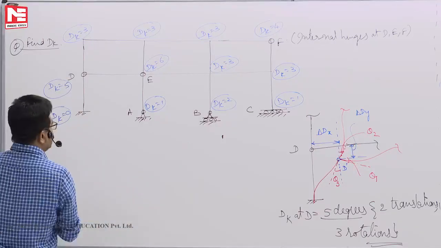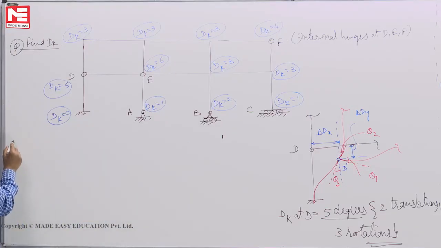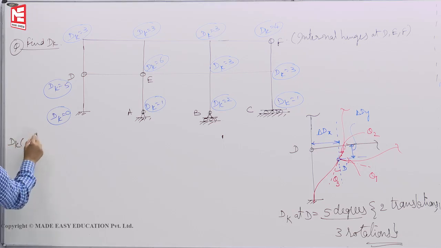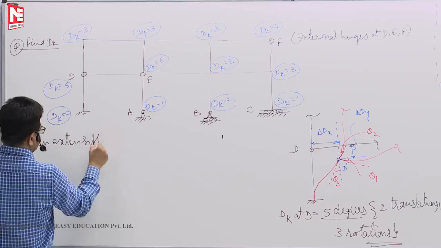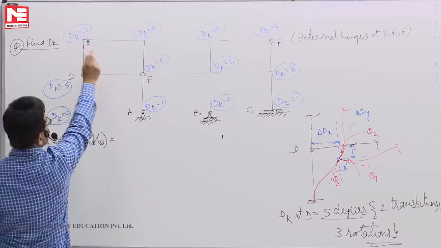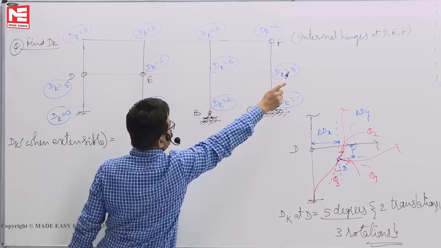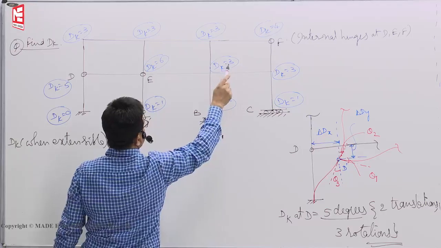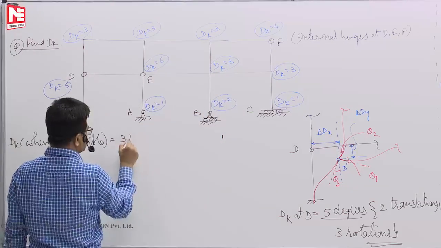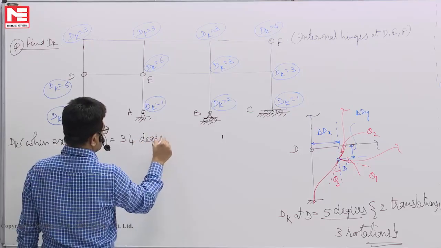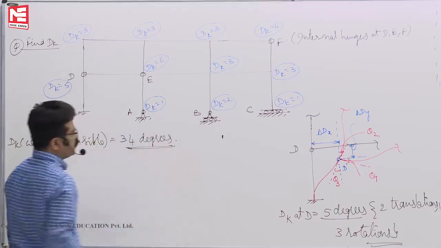Now you see dk when extensible. Count them: 3, 6, 9, plus 4, 13, 16, 19, 25, 30, 34. 34 degrees.